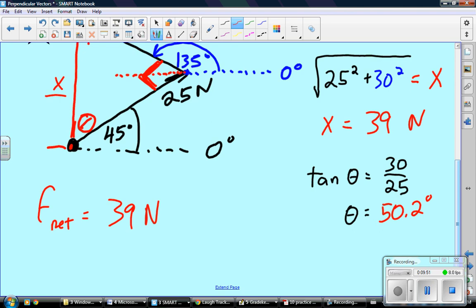But Jillian, you were just saying something. Is that what the angle is? Is that the direction? No, don't you have to add 45 because you're starting from 0 degrees? That's entirely right. We have to add 45 to this angle because we have to reference 0 degrees.